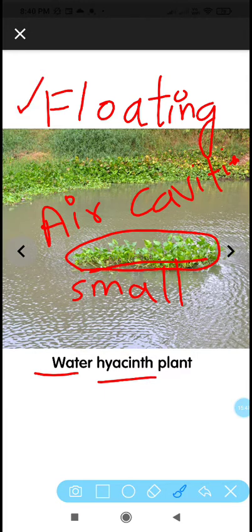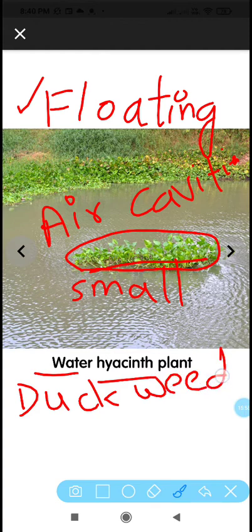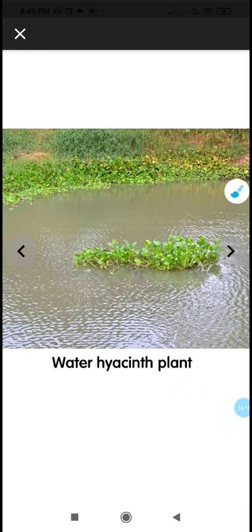And one more example for these floating plants is the duckweed plant. Duckweed is also one of the examples for floating plants. So now two types of aquatic plants you learned, children, and their adaptations you have seen. One is fixed plants. Second one is floating plants. And one more you have.